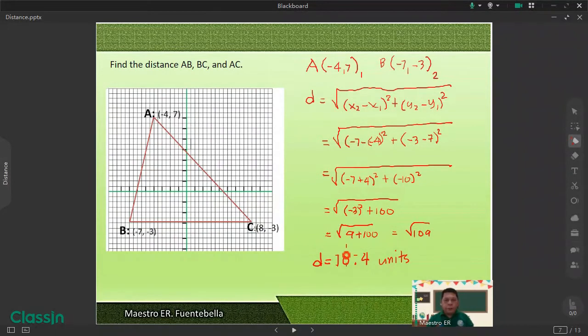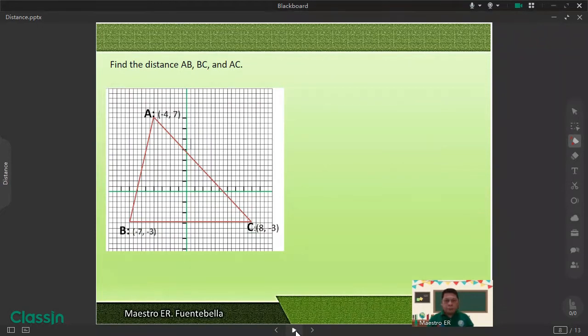So let's solve now for the distance AC. Okay. So where point A again, point A is at (-4, 7), and point C is at (8, -3).